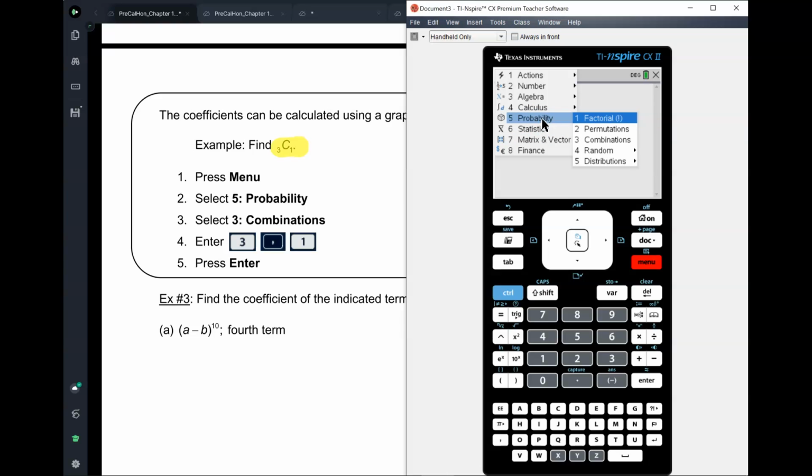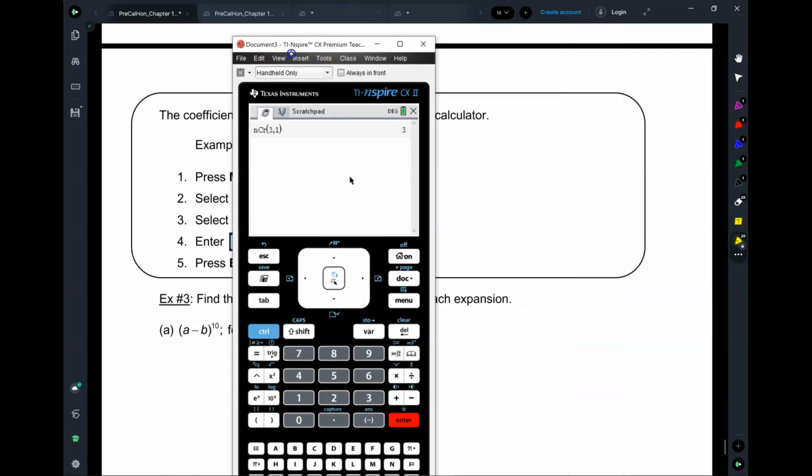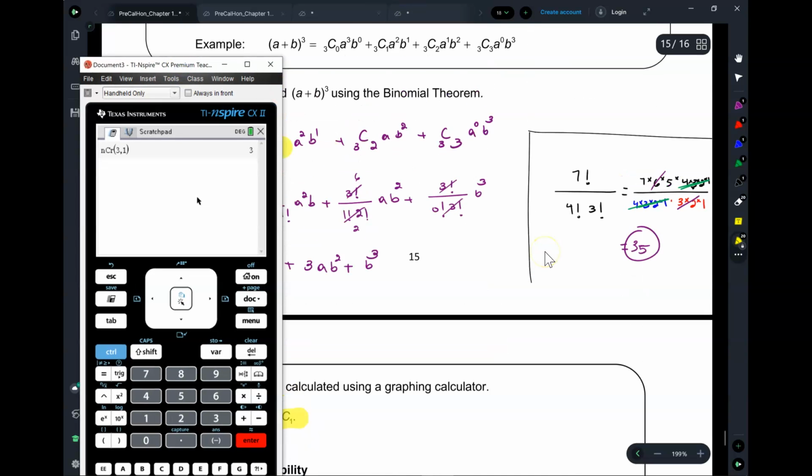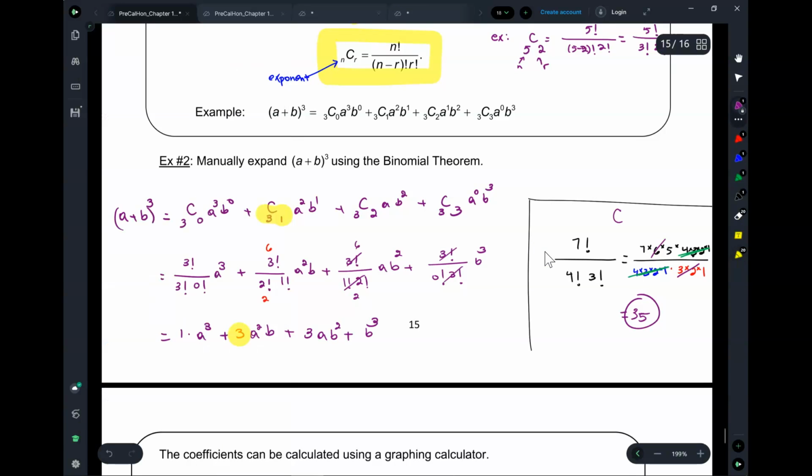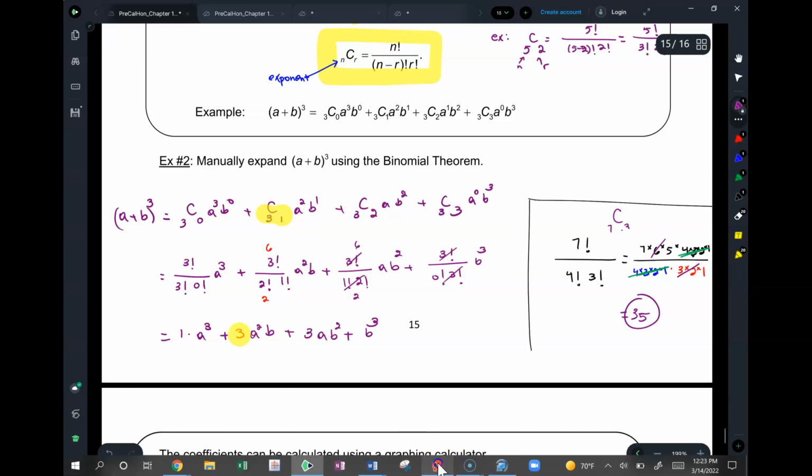You're not going to do factorial, even though that's what you want to do. You're going to press number 3, combinations, and it gives you this symbol. Now you type in 3, comma, which is under the pi, 1, enter, 3. The one I did before is actually C7,3. Let's see if it gives us 35.